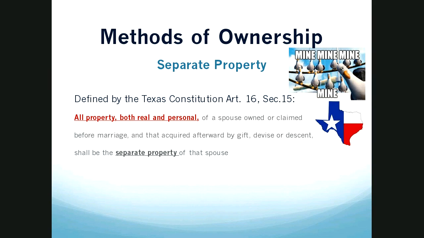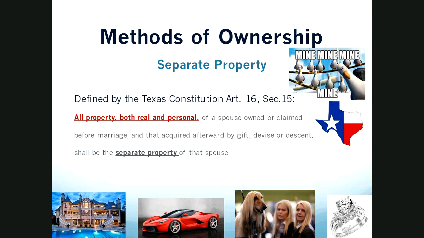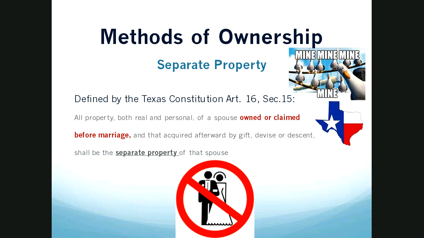Now, we'll notice a few things. It says all property, both real and personal, right? We learned about real and personal before. So we're talking about houses, cars, pets, jewelry, everything, right? All property, both real and personal, that's owned or claimed before you get married.